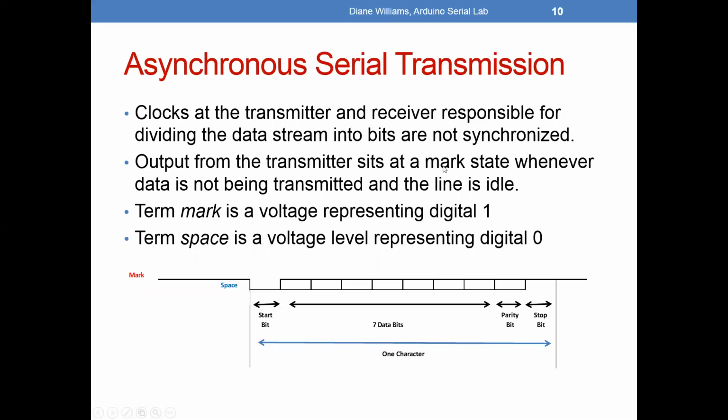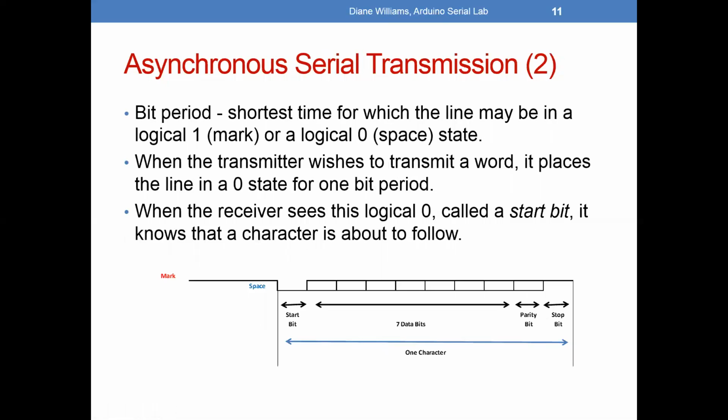The receiver is responsible for reading the data bits. The transmitter is responsible for transmitting them. Since their clocks aren't perfectly synchronized with each other, they have to decide on what the period is. The bit period is the shortest time for which the line may be in a logical 1 or a logical 0 state.